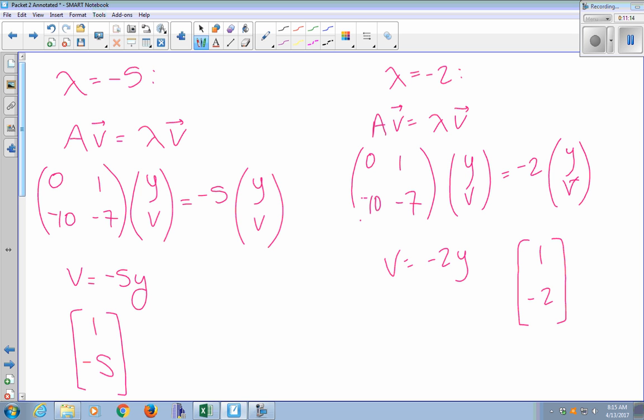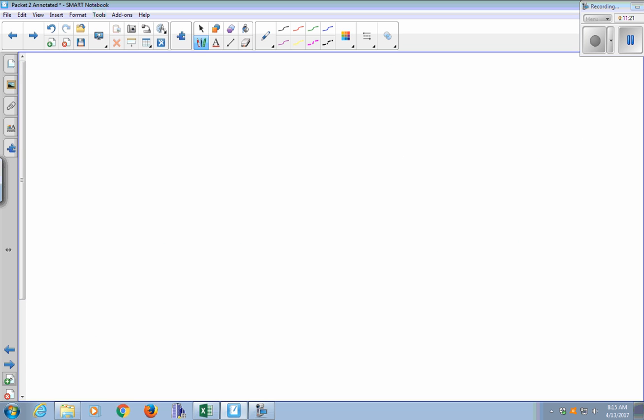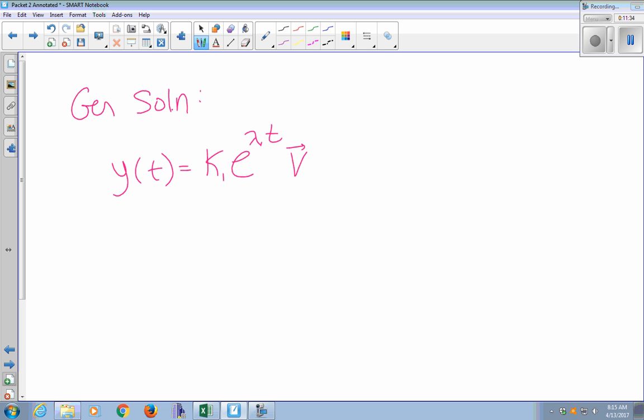I can now write down my general solution using the e to the lambda t v method. So my general solution is going to be y of t equals k1 e to the lambda 1 t v1 plus k2 e to the lambda 2 t v2.